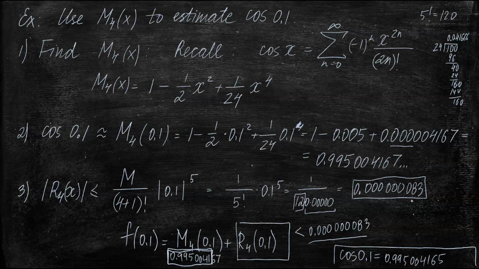Now, just like we used this to bound the error, we can reverse the process here and answer this question, which is a more interesting question. So what if we wanted to be very accurate? How large should n be?